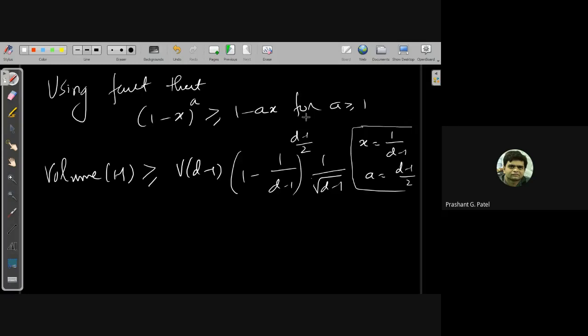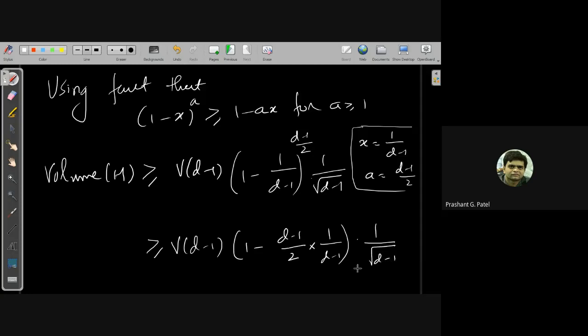Now we will use this fact, which gives us greater than or equal to, again because this quantity is greater than or equal to 1 minus ax. So V of d minus 1, as we use this one, we will have 1 minus a, which is d minus 1 by 2, into x, which is 1 upon d minus 1, into 1 upon square root of d minus 1.